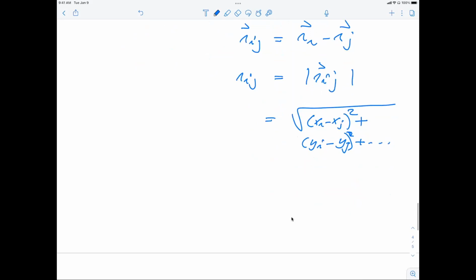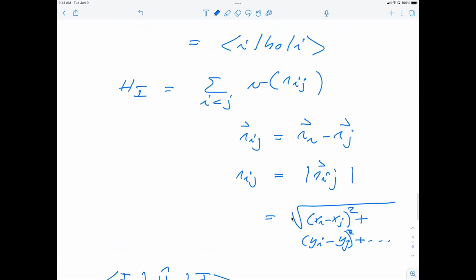Okay, so now what we're going to do is to take the same state, phi 0, which we defined for 2 particles, and then we're going to calculate this expectation value here of phi 0. And we're going to do it for 2 particles because it also serves the purpose of bringing in another definition of so-called matrix elements.